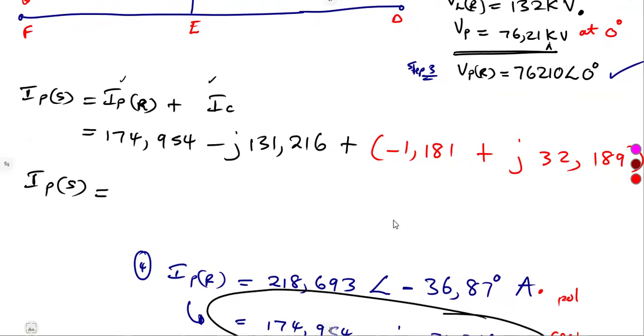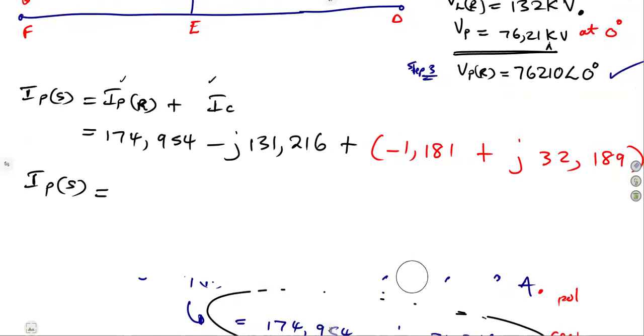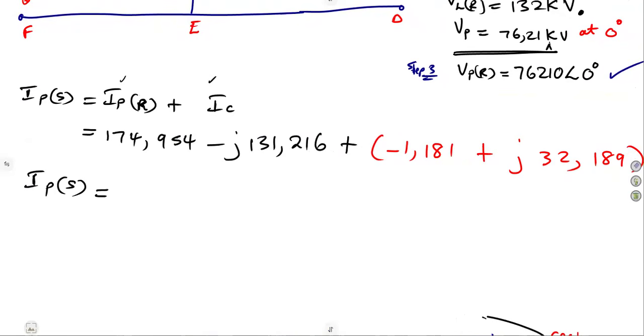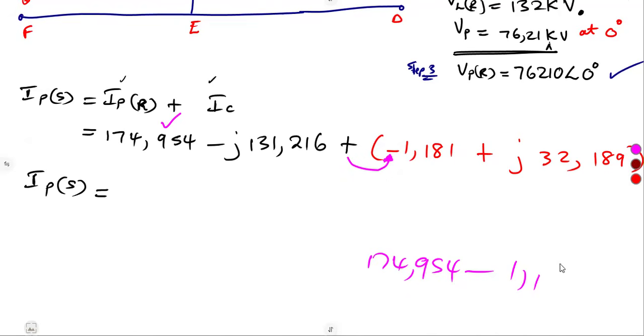So for the sending end value, adding these, we want to take the real terms. So this one plus a minus. Yes, so it's going to be a minus. So it's 174,954 minus 1,181. You subtract that one. Okay, so that gives us 173,773.